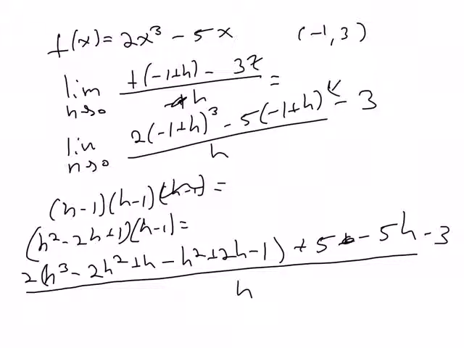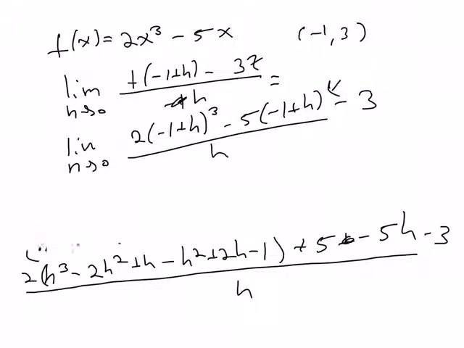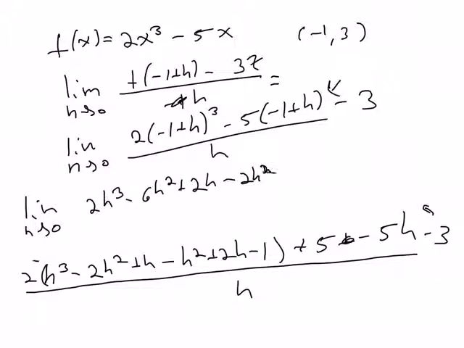Okay, wow, so actually let's try to work our way back. I don't want to go to a new page. So this is going to equal the limit as h goes to 0 of 2h to the third minus 6h squared plus 2h minus 2h squared plus 4h minus 2 plus 5.